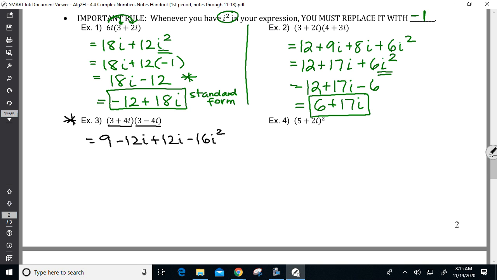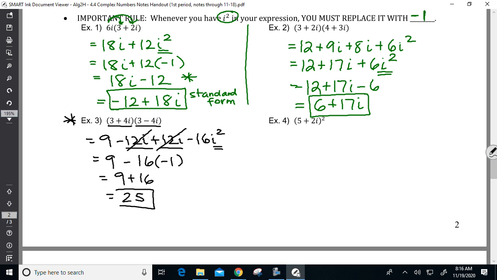Couple things to note. Negative 12i, positive 12i, those are going to drop. i squared is equal to negative 1. You get 9 plus 16, 25. So sometimes the i's will drop out and you'll have just a single number as your answer. Perfectly fine with that.